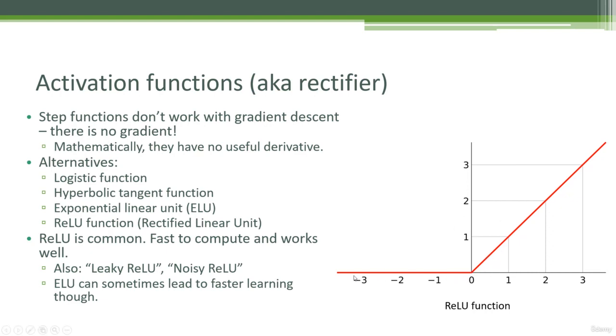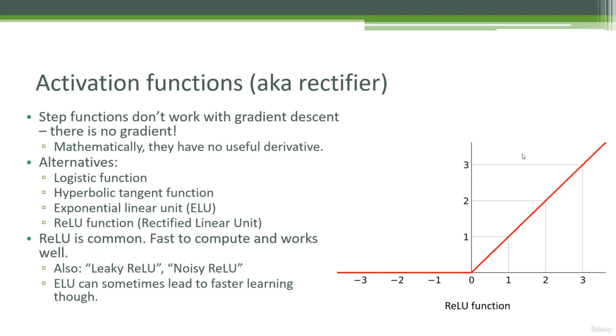Basically, it's 0 if it's less than 0, and if it's greater than 0, it climbs up at a 45-degree angle. So it's just giving you the actual sum of the input weights as its output if that output is greater than 0. The advantage that ReLU has is that it's very simple, very easy and very fast to compute. So if you're worried about converging quickly and your computing resources, ReLU is a really good choice.